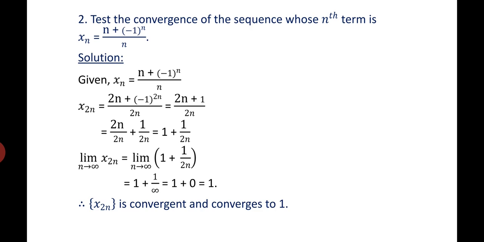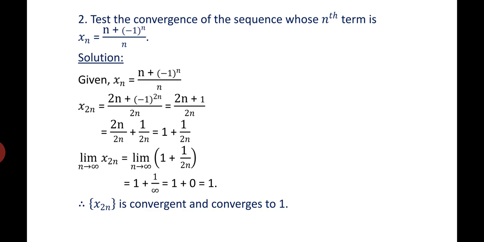Now (minus 1) whole power 2n is always plus 1, since the exponent is even. So we get 2n plus 1 divided by 2n, which on taking the common factor gives 1 plus 1 by 2n.